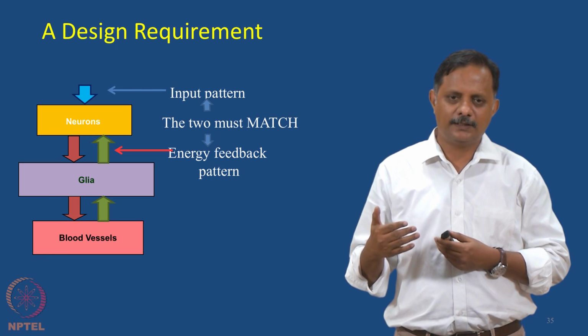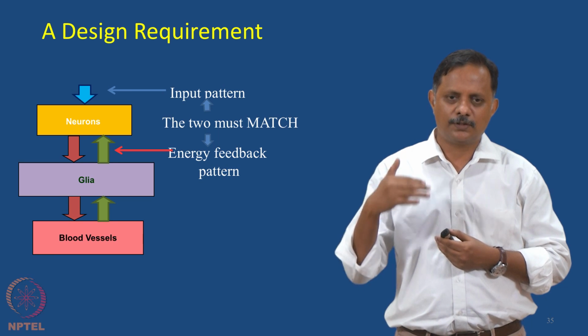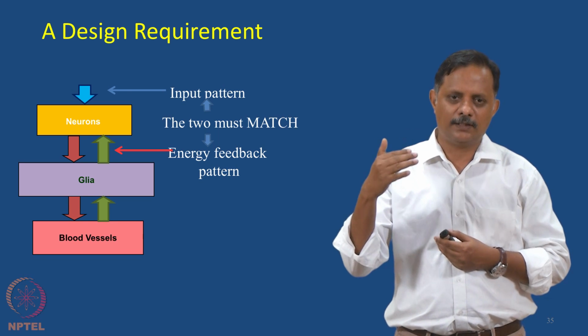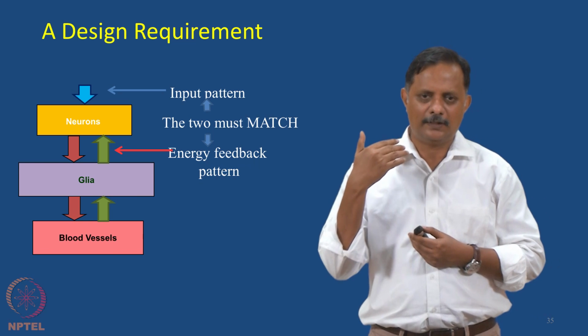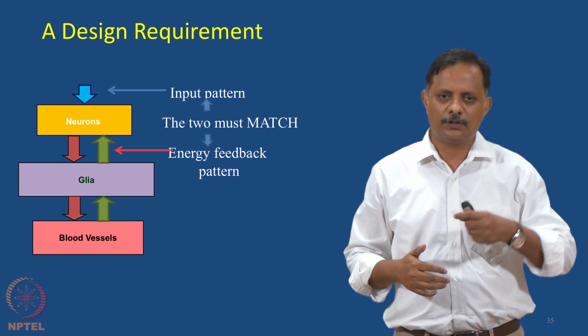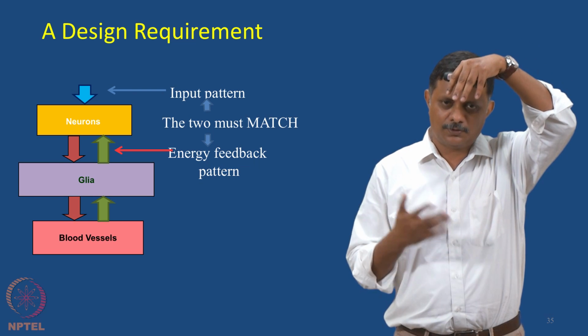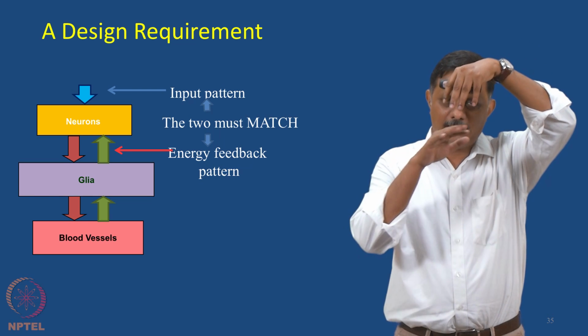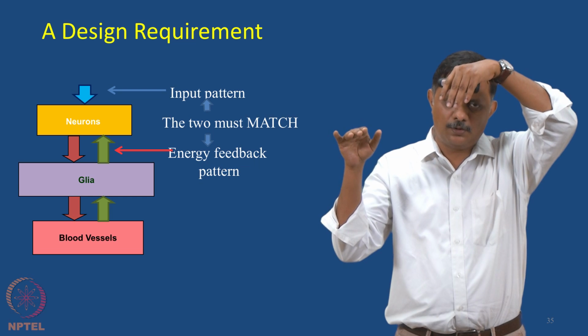The energy from the blood vessels goes into the glia, and then the glia transform this energy into some other form, for example lactate, which is then supplied to the neurons. So you see that the input into the neurons from the top, shown as the input pattern, determines the energy demand pattern in the neural layer.